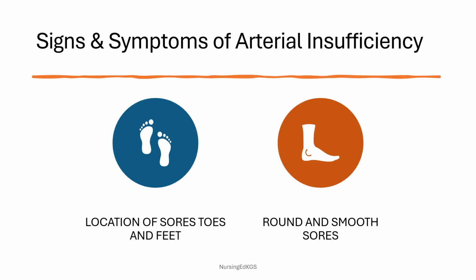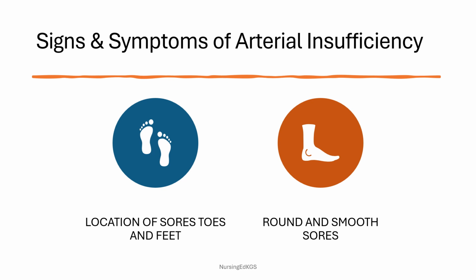In arterial insufficiency, the location and appearance of ulcers or sores is closely linked to the underlying issues of poor blood flow and tissue ischemia. Sores are often located on the toes and feet. The toes and feet are the most distal parts of the body. They're furthest from the heart, and in cases of arterial insufficiency, blood flow is compromised, especially to these distant areas.